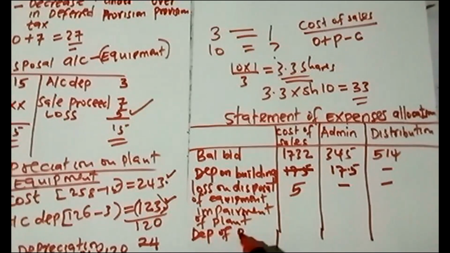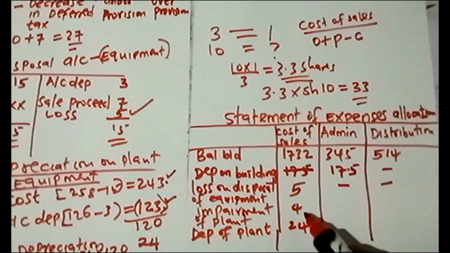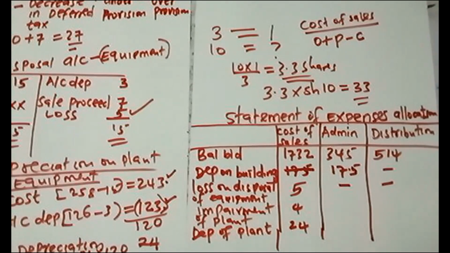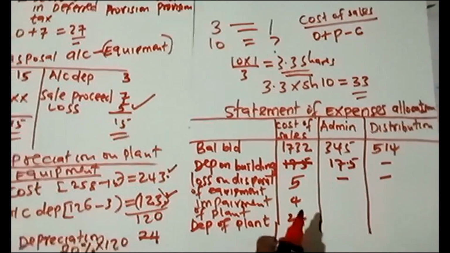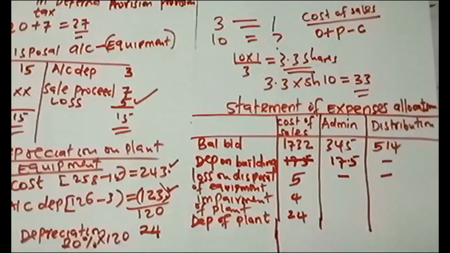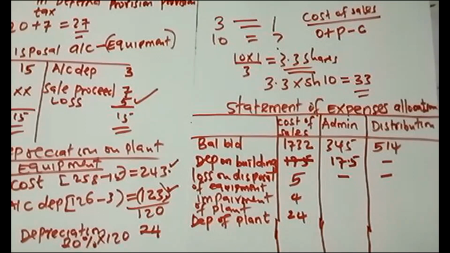And they mentioned that we record it under cost of sales. So which means that even this will be under cost of sales because it was concerning plant. That can guide you in such a way, because obviously you know that impairment is again the loss in value of that asset. The same with depreciation.